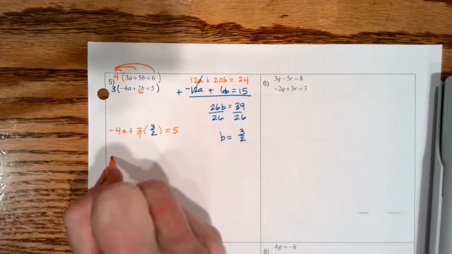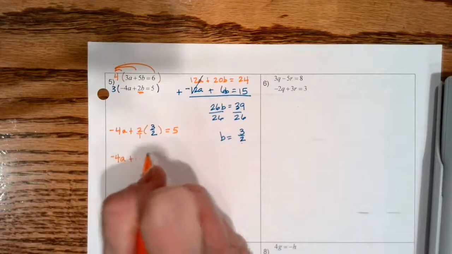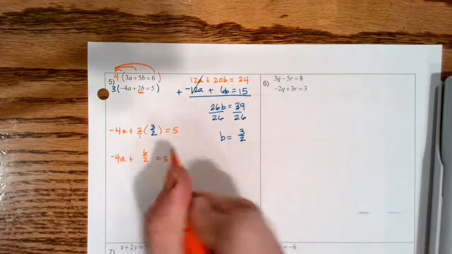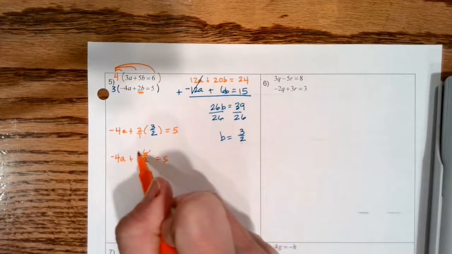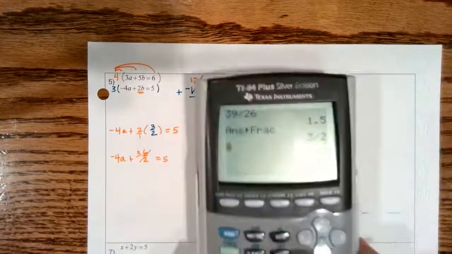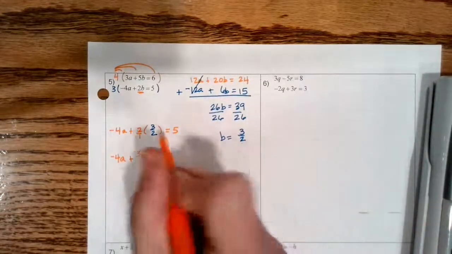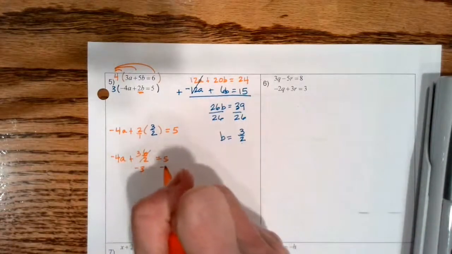Multiplying fractions is no problem. Top times top, bottom times bottom. And of course, this simplifies to 3. The calculator can also help you do that math. 2 times 3 divided by 2. Don't be afraid to use the calculator. Subtract 3 from each side.